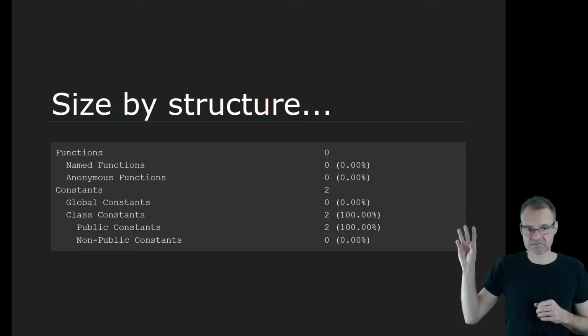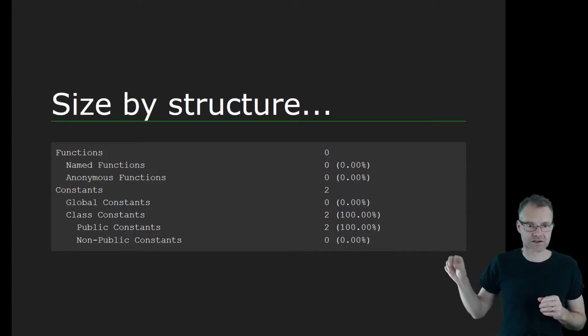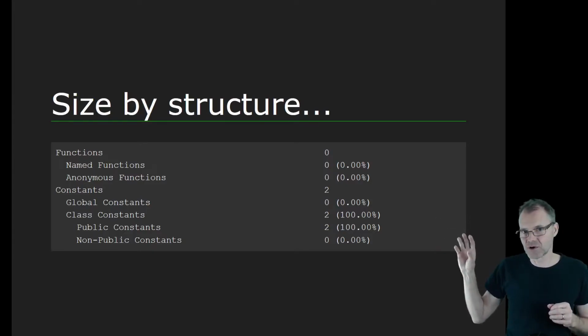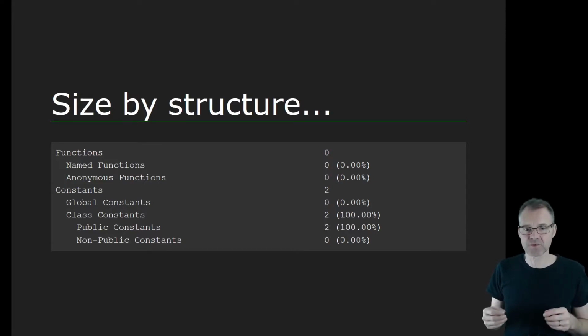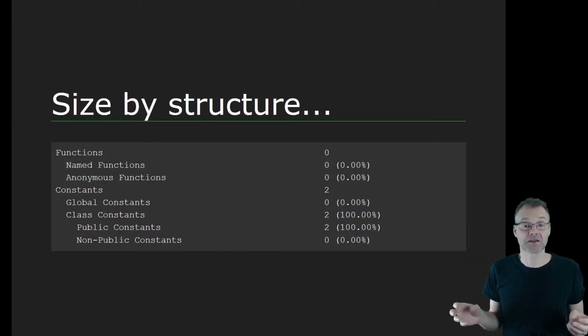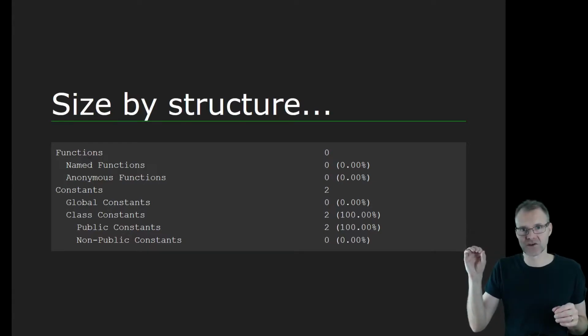So here we say global, we're having constants or class constants here, 2 class constants. Yeah, that's fair. If we had like 20 global constants, that would perhaps be something where we say, okay, let's look at why we have so many global constants here.